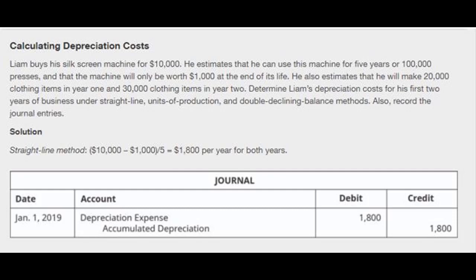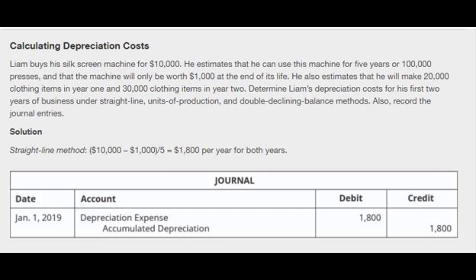That also means that there will be $333.33 of expense each year. And that is what the textbook in this Your Turn section is trying to show you.